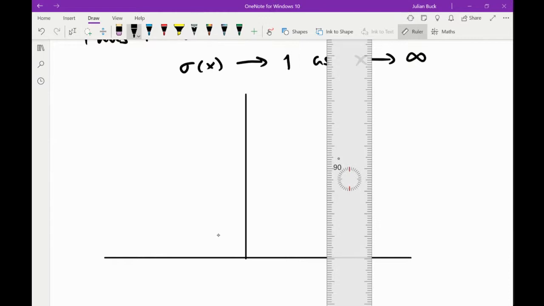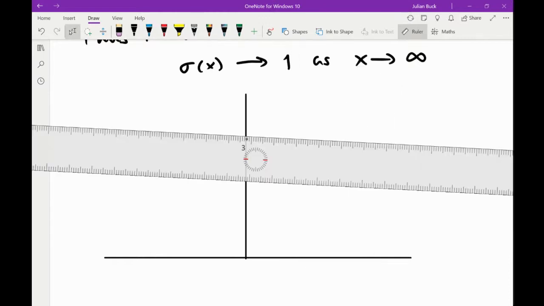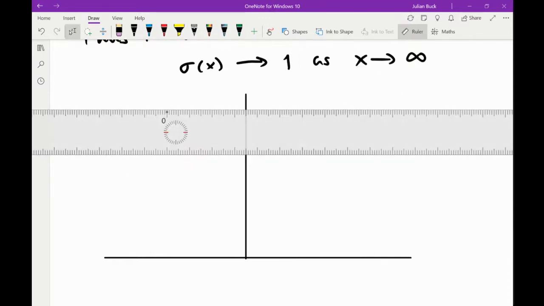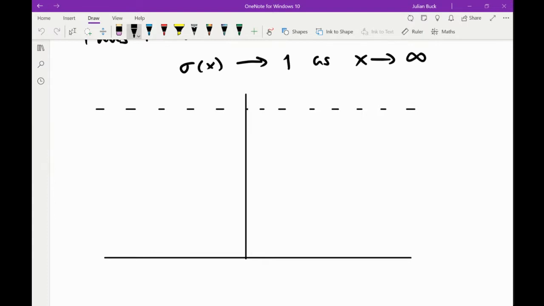So the graph is bounded between 0 and 1, and I'm going to draw a dotted line here where 1 is. Okay. So let's say there's 1, and then roughly I'll try to get halfway between. There's a half. All right. So we saw that the value at x equals 0 is a half. So that's where it crosses the y-axis.